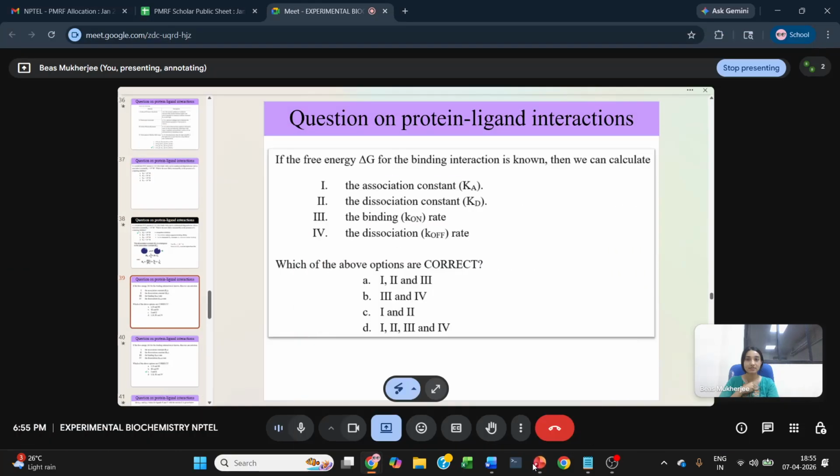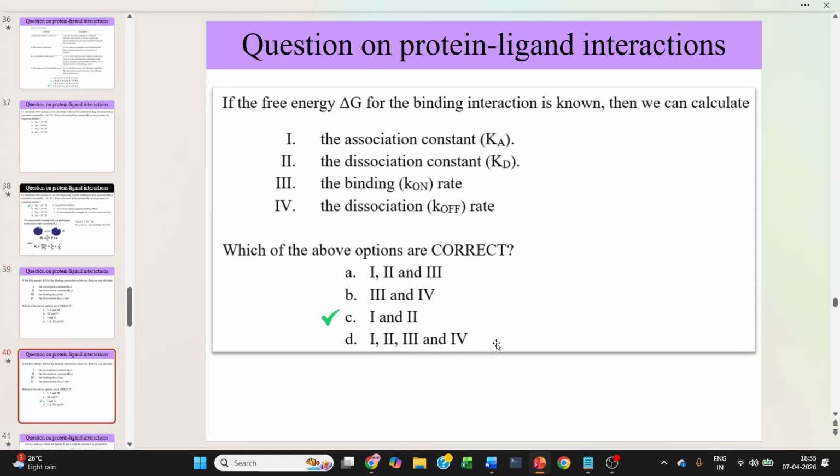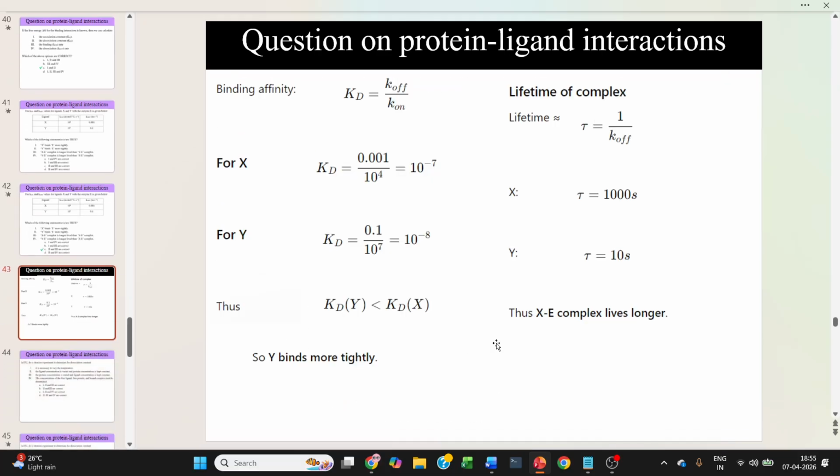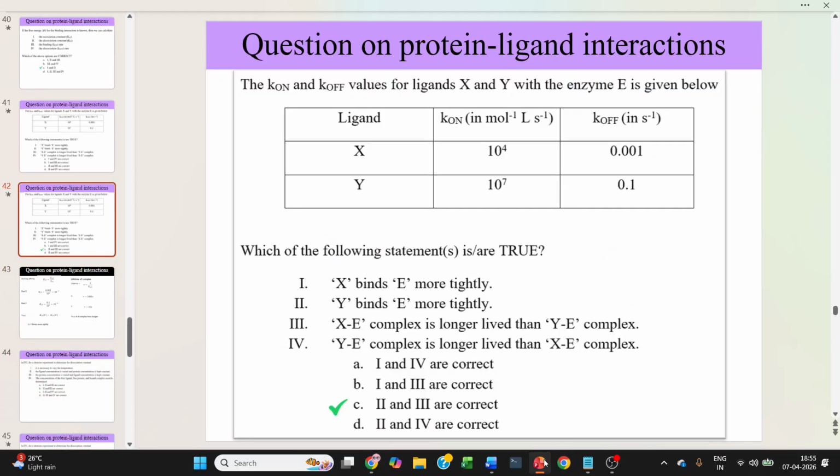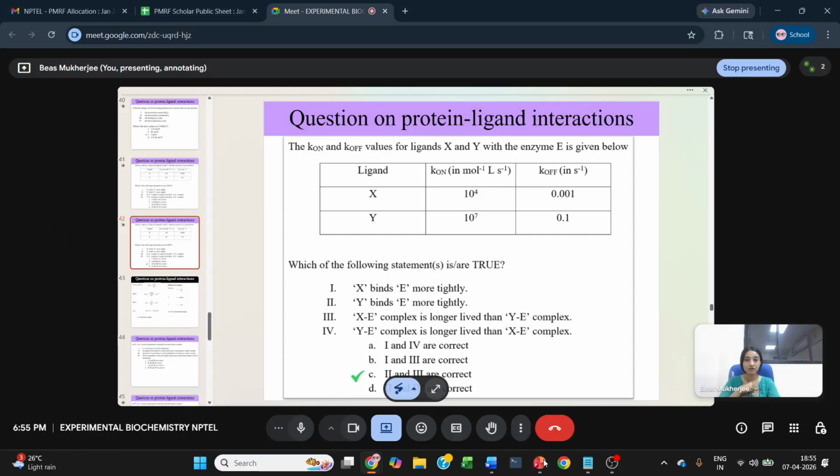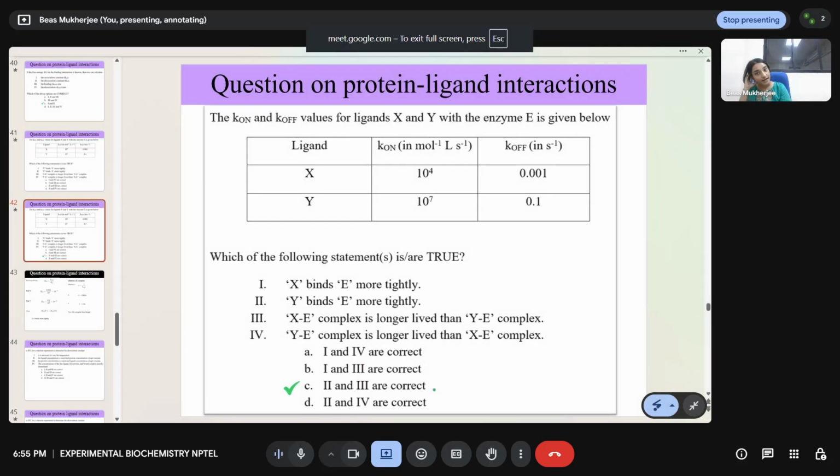Okay. Now the next one is, okay, there is no problem with the next one. We'll go to this particular question. Right. So this is a very interesting question. So let's see that K-on and K-off values for the ligands X and Y with the enzyme E are given below.